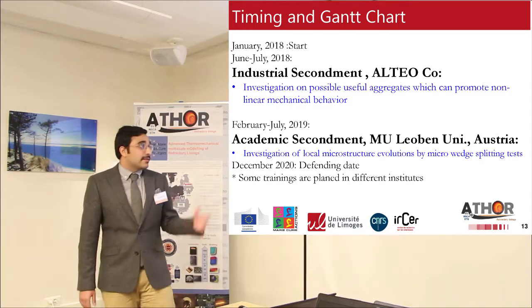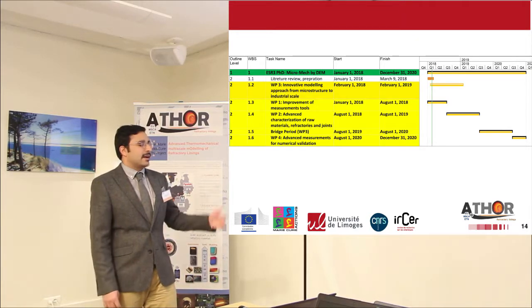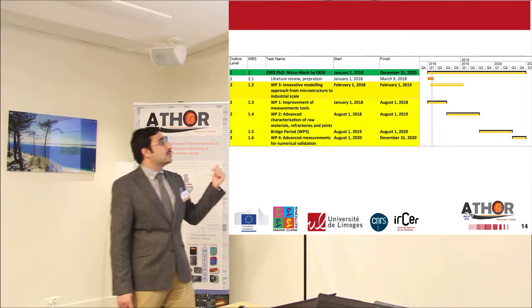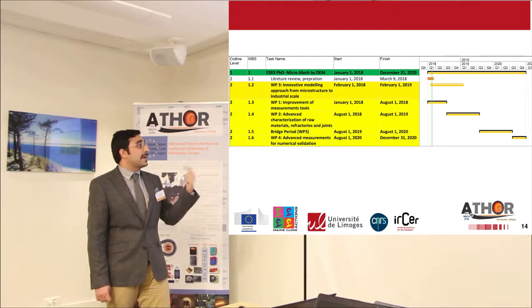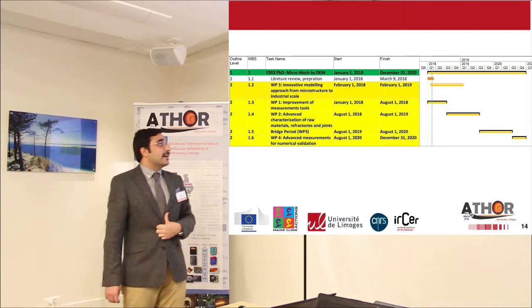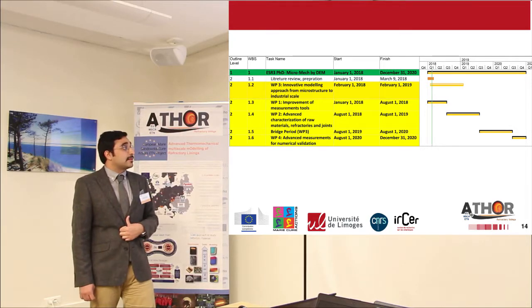Here is a very short Gantt chart of my PhD thesis and the work packages that I should work on. As you can see, I will start with work package 3, which is about numerical simulation and microstructure simulation using the discrete element method.